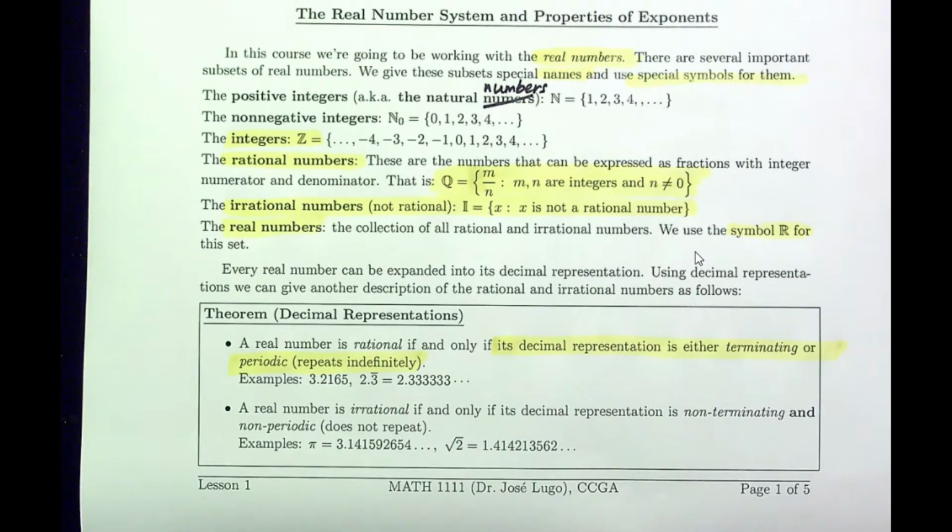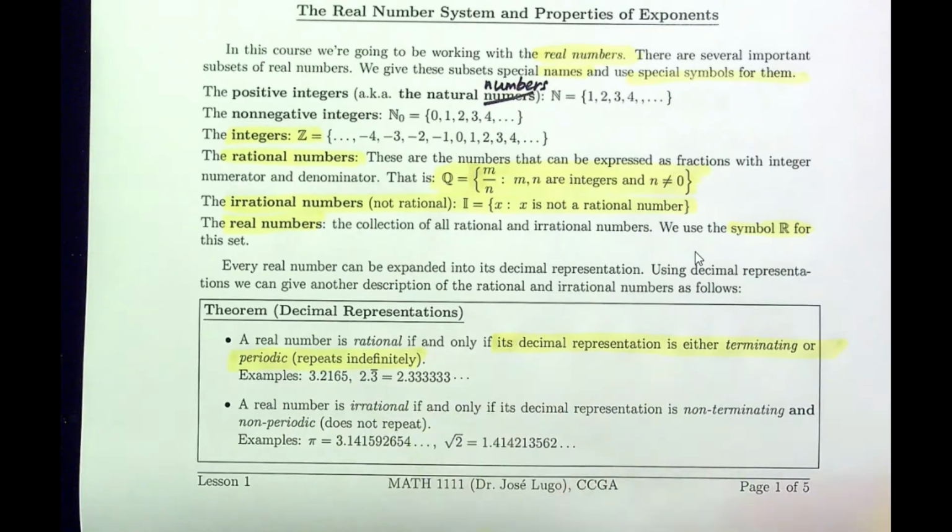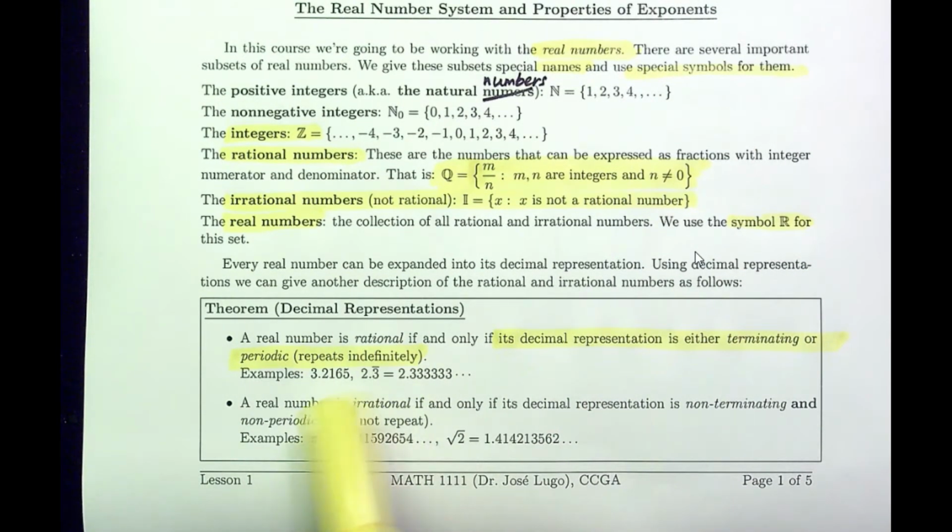Like this number here, 3.2165, because it stops, is a rational number. That means you could represent it as a fraction if you wanted to. There's a way of doing that. Your calculator can do that for you.